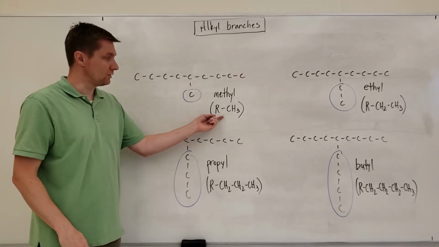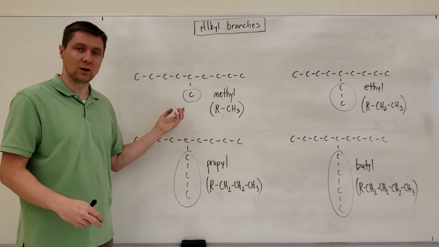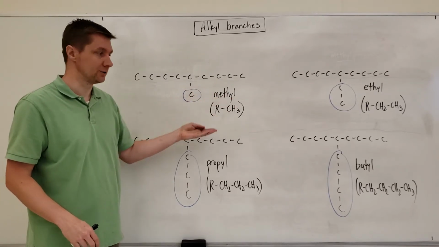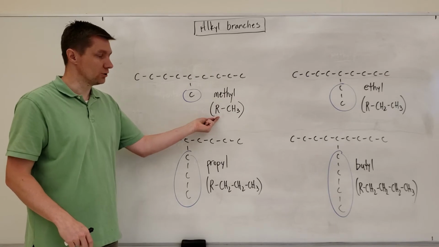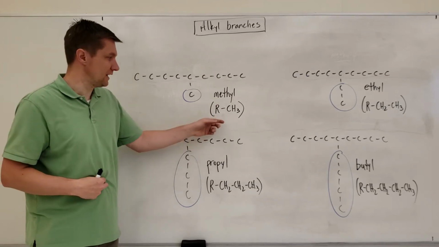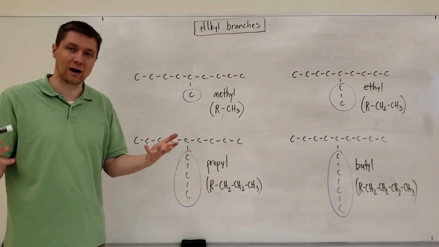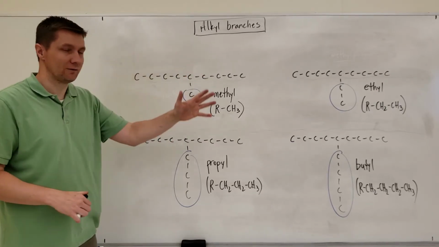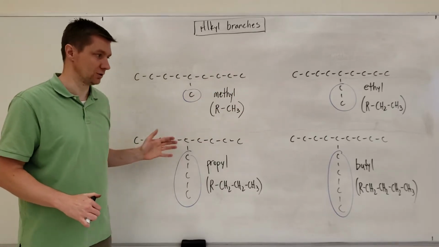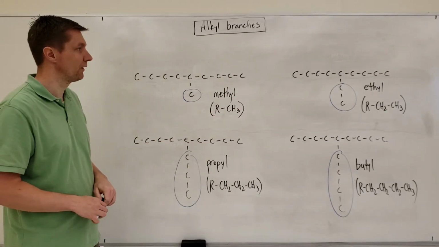So when it is just one long, we say that that's a methyl branch. This R just means some chain of carbons that it's attached to, and the methyl branch is going to be a CH3 if I include all the hydrogens in there. You can see I've left off all the hydrogens. Just assume that the hydrogens are present in all of these molecules.